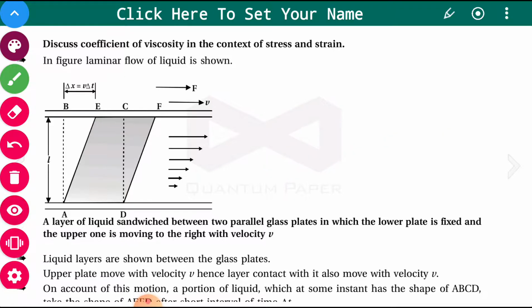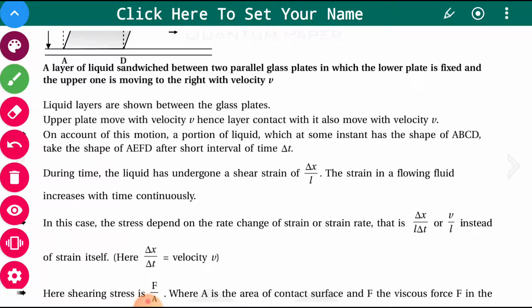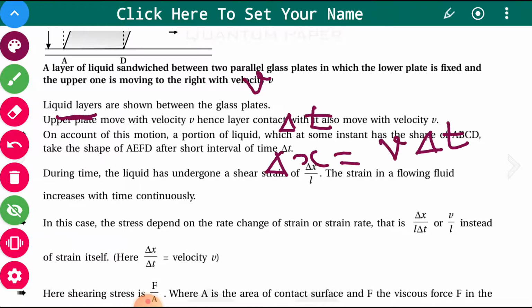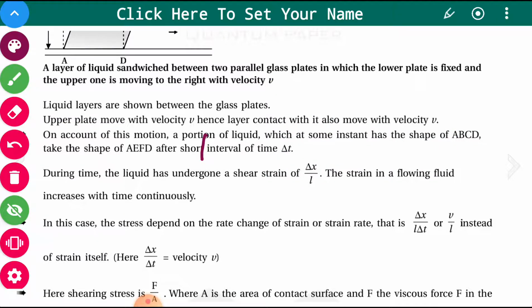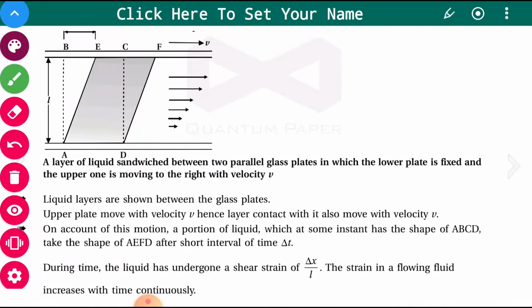During this time the liquid has undergone a shear strain. There will be a change in shape, so there will be a shearing strain, and that shearing strain is nothing but delta x upon L. We studied in the previous chapter that if this angle is theta, that is the change in shape, then tan theta is the shearing strain, which is opposite upon adjacent.